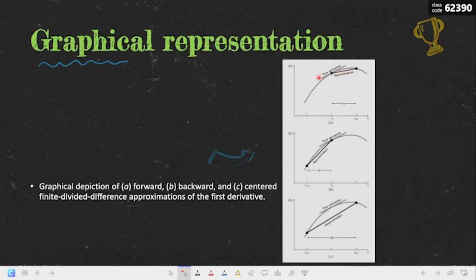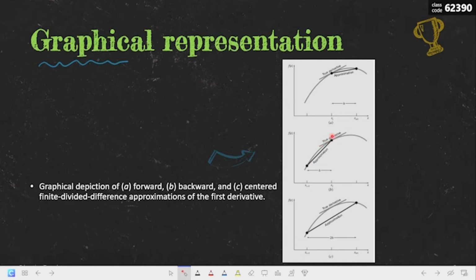And for our backward difference, this is the previous value and this is our current value. This is the approximation of our slope, but this is our true derivative. As you can see, our approximation is very far from the true value of our derivative.